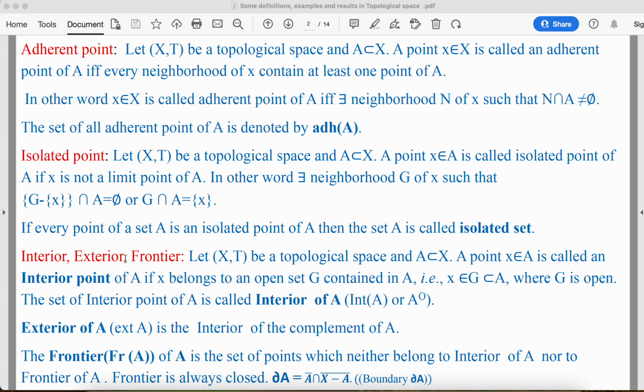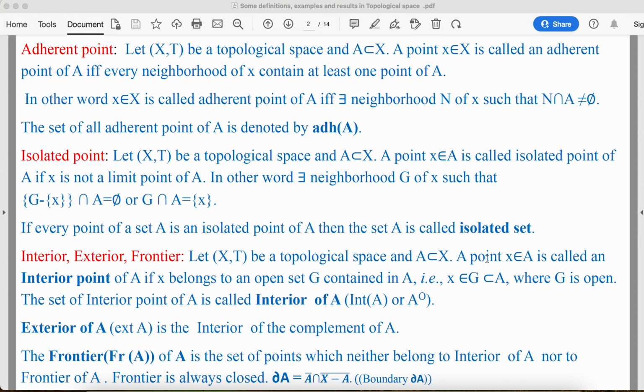Now interior, exterior and frontier. Let X be a topological space and A a subset of X. A point x belonging to A is called an interior point of A if x belongs to an open set G contained in A. It means x belongs to G, which is a subset of A. Here G is an open set.